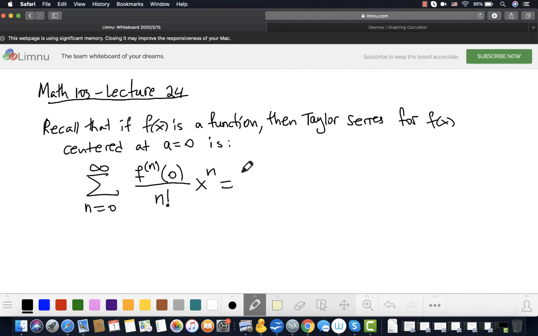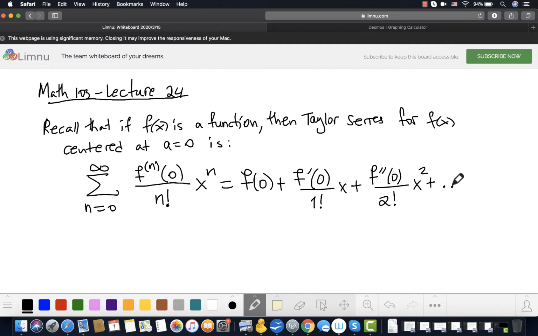If you want to expand this out, here's what the first few terms look like. First term is f of 0, the function value at 0, and then there's the linear term, the first derivative divided by 1 factorial times x, the second derivative divided by 2 factorial times x squared, and so on.